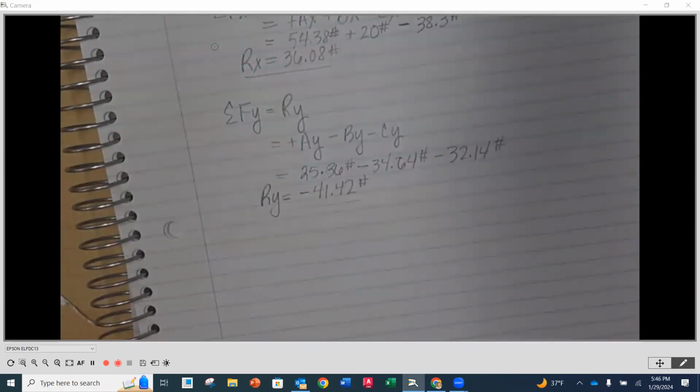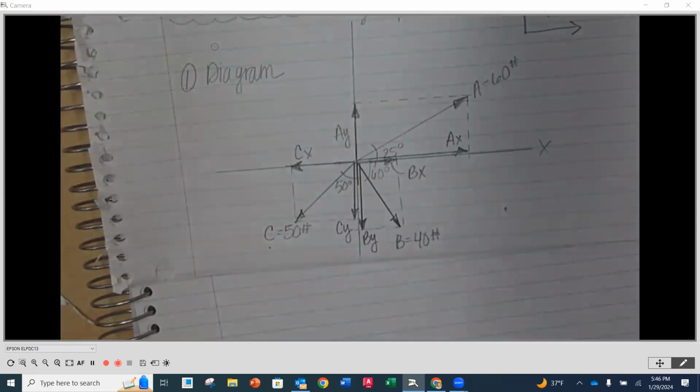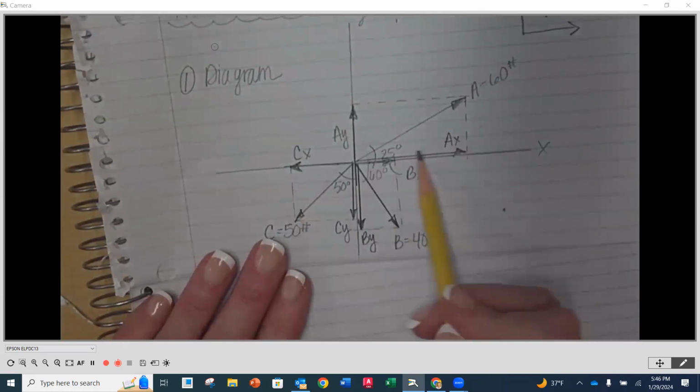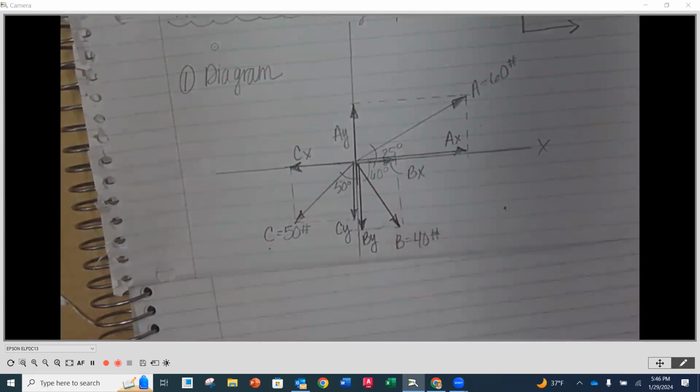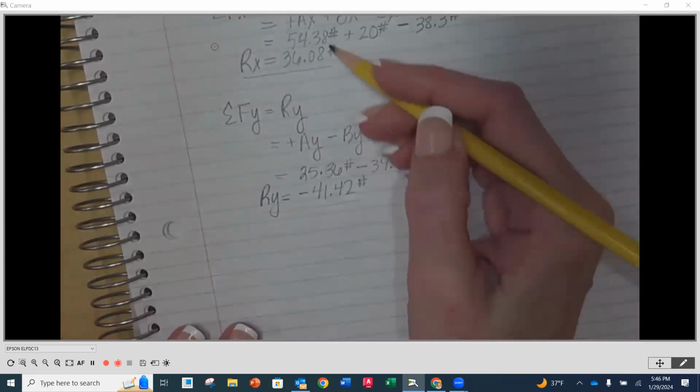So now what we've done is we've combined what's on the X and Y axes, and now we've gotten it down to, okay, on the X axis, what is the resultant or the one force that would have the same net effect in the X direction? The same thing for the Y now too. Okay, so let's go ahead and draw these two.